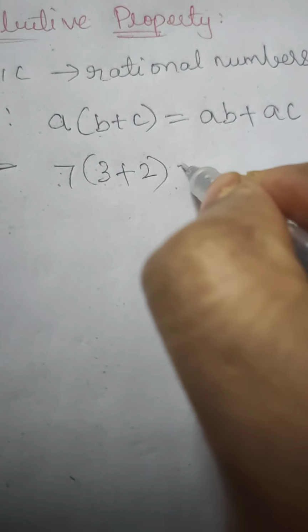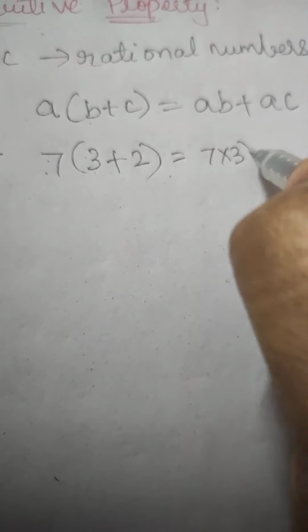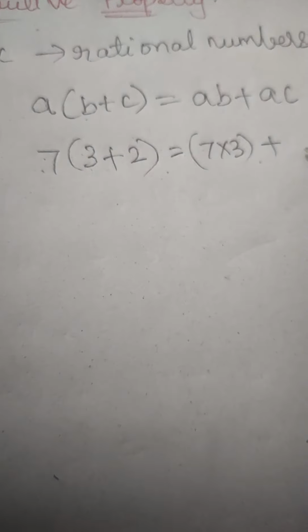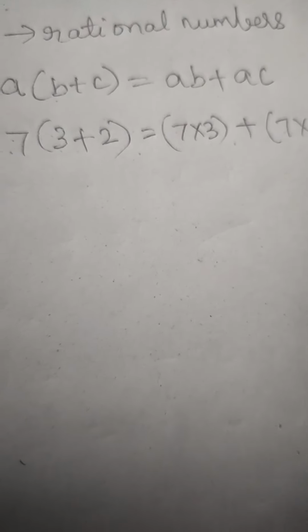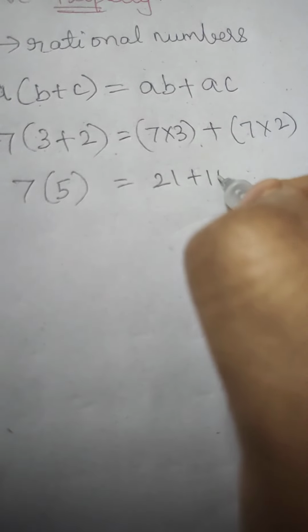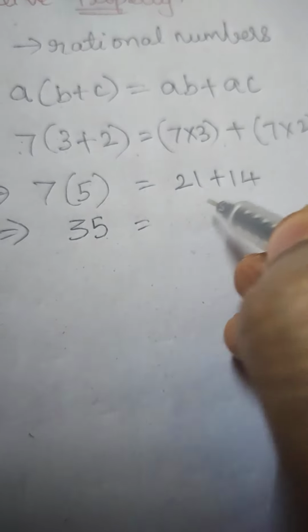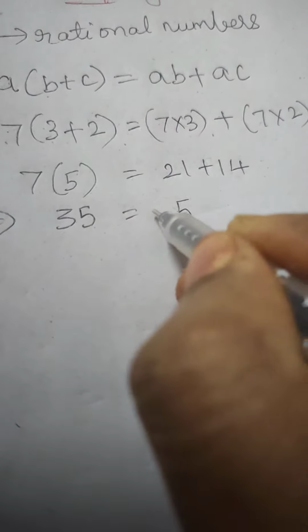Let us take some numbers like 7 into 3. Now a is 7, b is 3 and c is 2. So a into b plus c, 7 into 3 plus 2, is 7 into 5, which should be equal to a into b plus a into c, that is 7 into 3 is 21 plus 7 into 2 is 14. 7 fives are 35, and 21 plus 14 is 35.